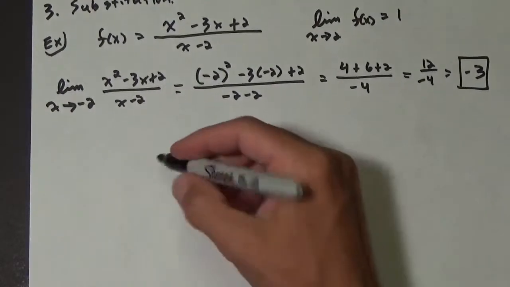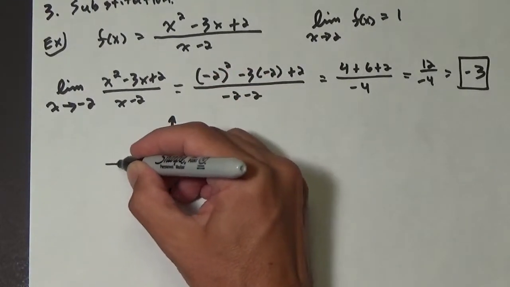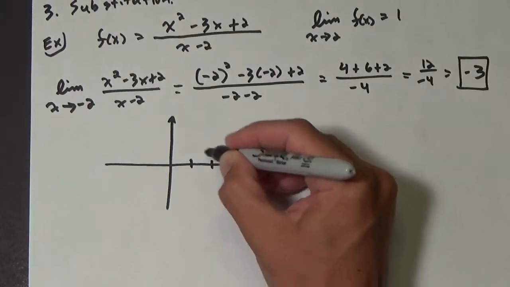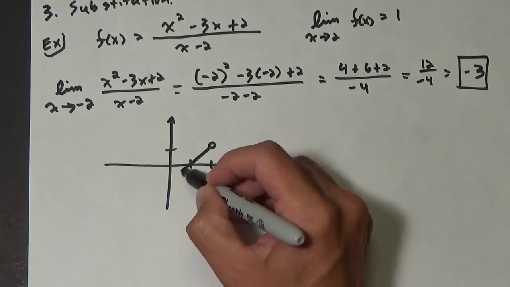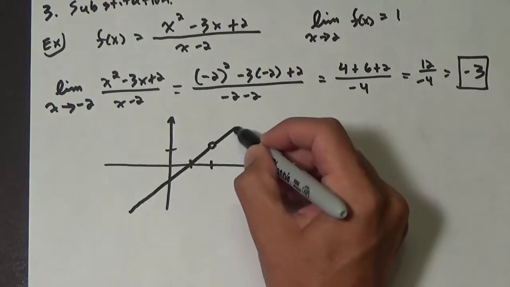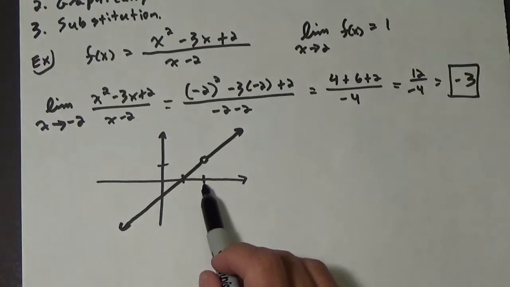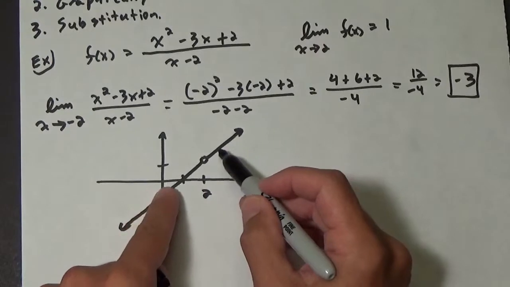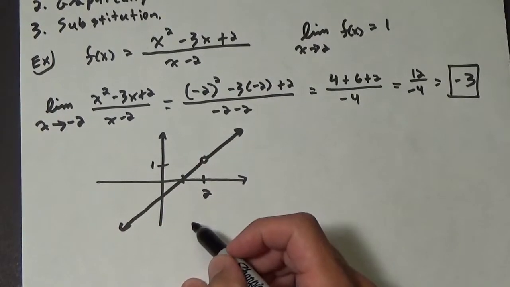So graphically what's happening here is, if you remember, here was our point of interest, and here's our graph. So at x equals 2, we had an indeterminate point, so we had to go numerically from both sides to figure out what the limit was, which was 1.